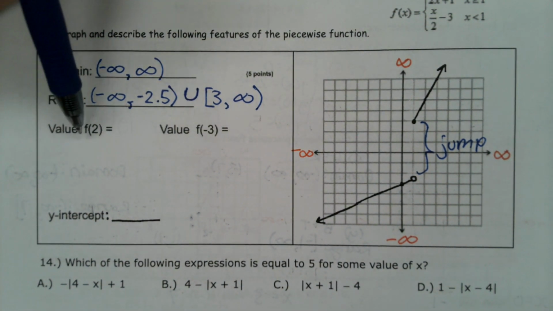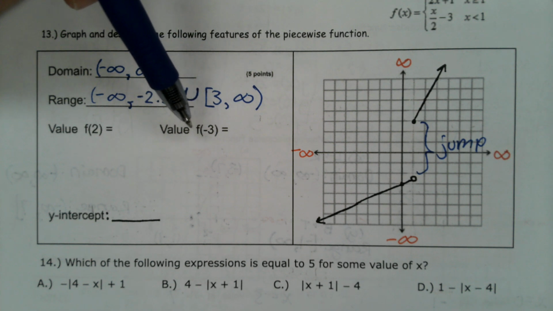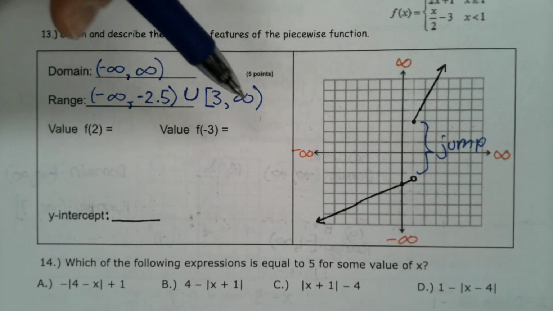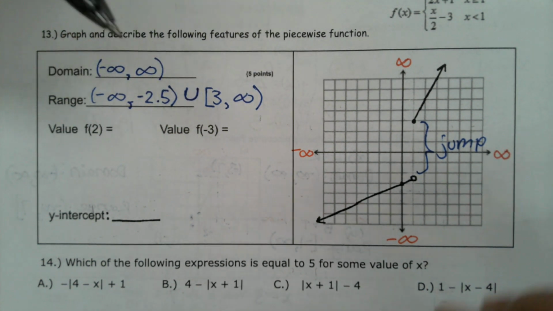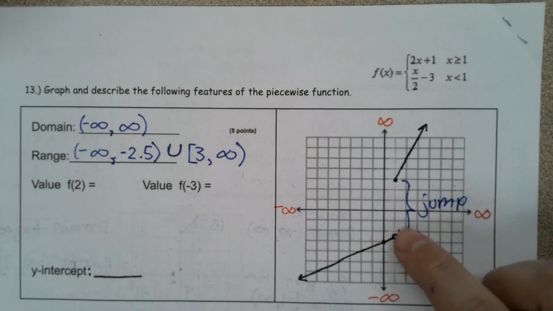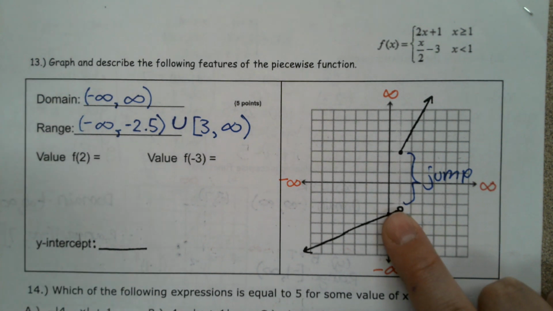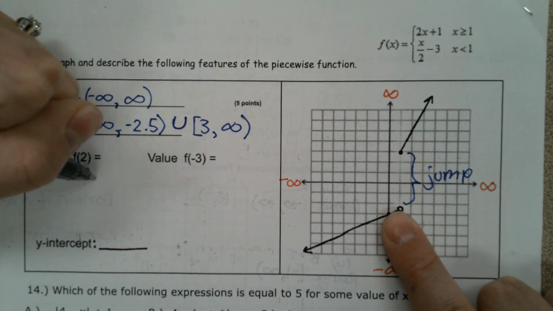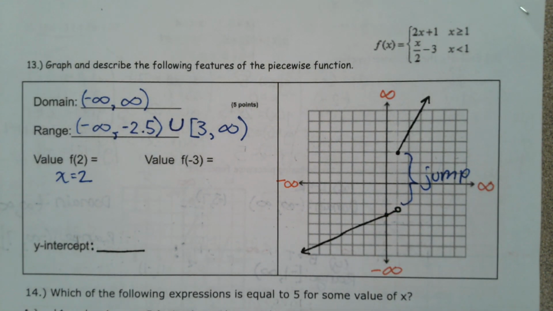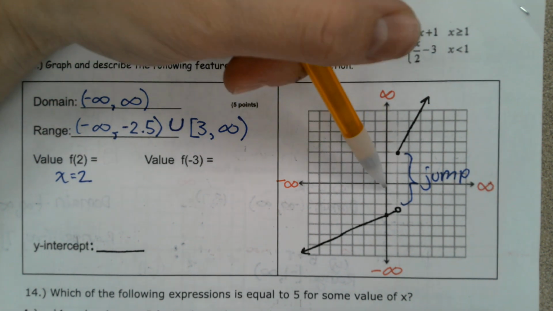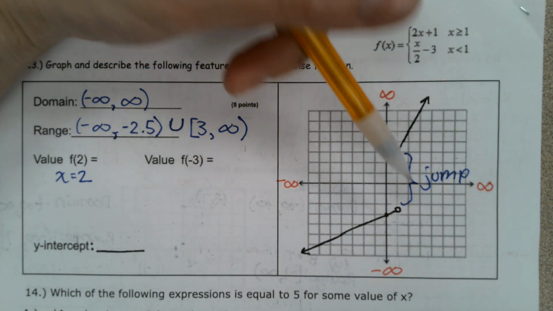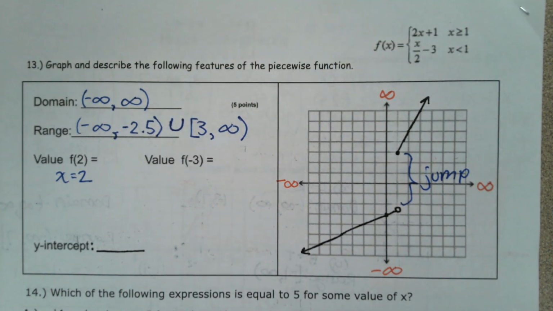Now we find the values f of 2 and f of negative 3. Again, how you go about this is up to the person, if you want to plug it in or find it on the graph. F of 2. So this means x equals 2. So let me find a 2 on the graph. I kind of covered it up. 2 is right here.